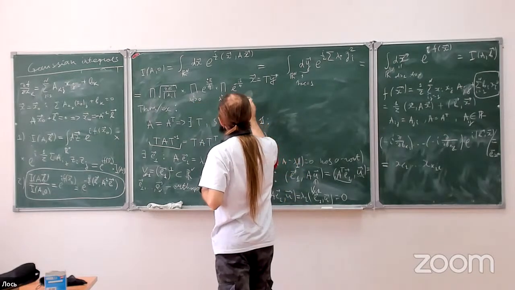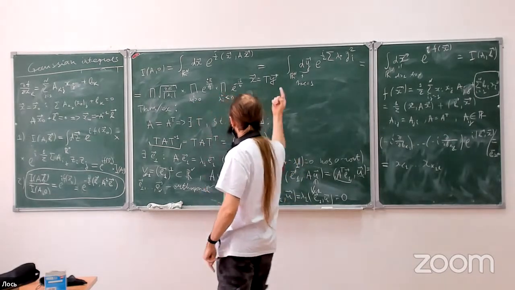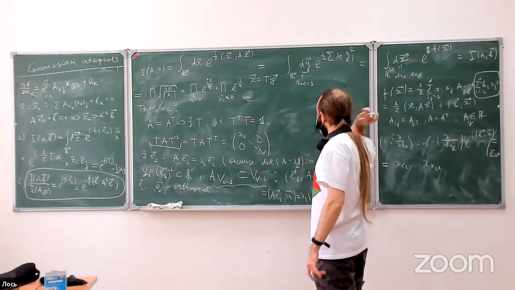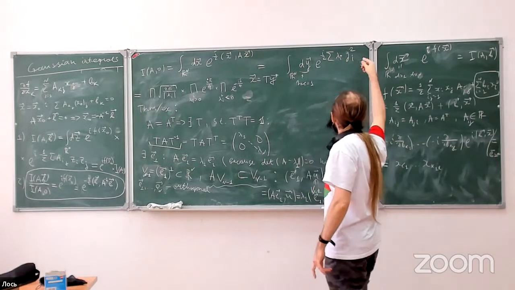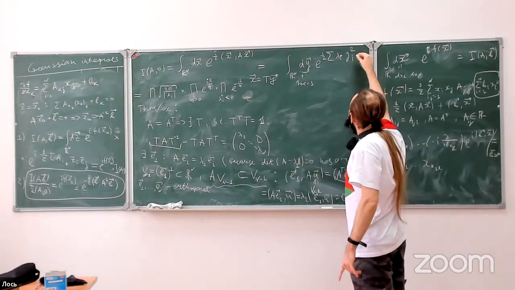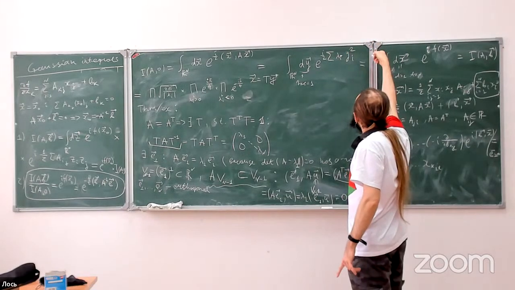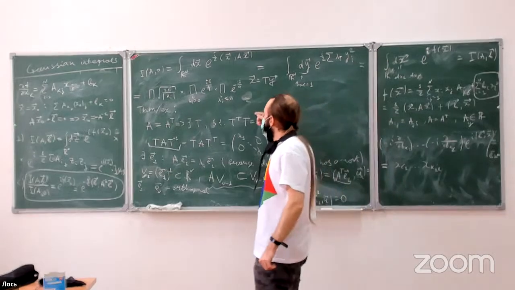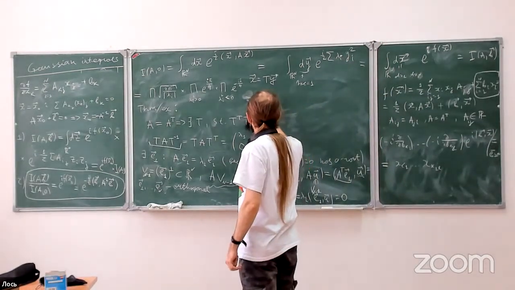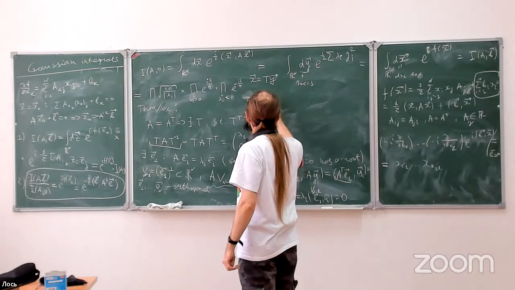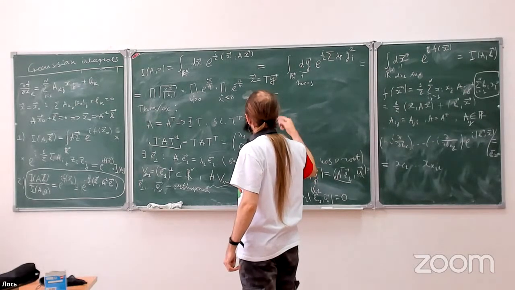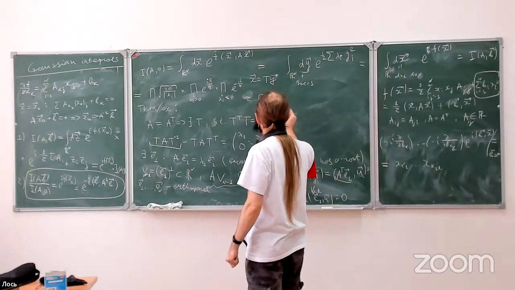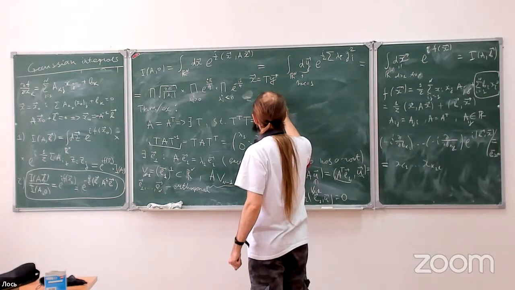What do I want to say? I want to say that we can imagine that all these lambdas are positive, and then write the number of negative lambdas as some correction.